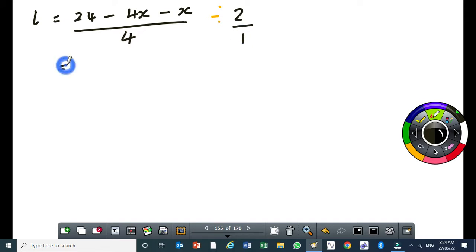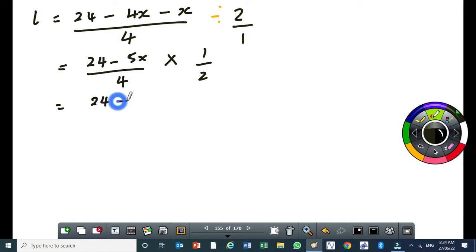Now I'm sure you can see that here we can simplify minus 4x minus x. That will give us 24 minus 5x all over 4. Then you can introduce multiplication. You following that? Then if we simplify this, we get 24 minus 5x all over 8.